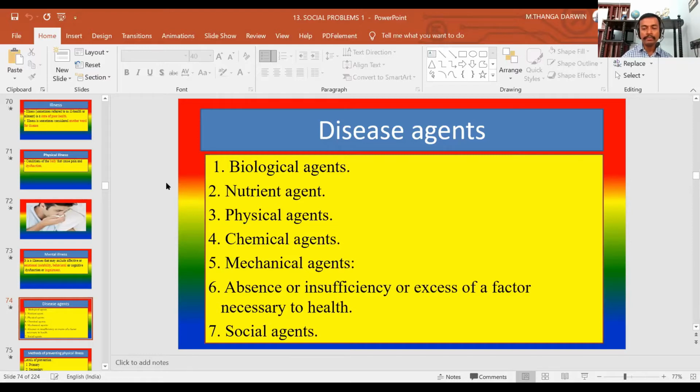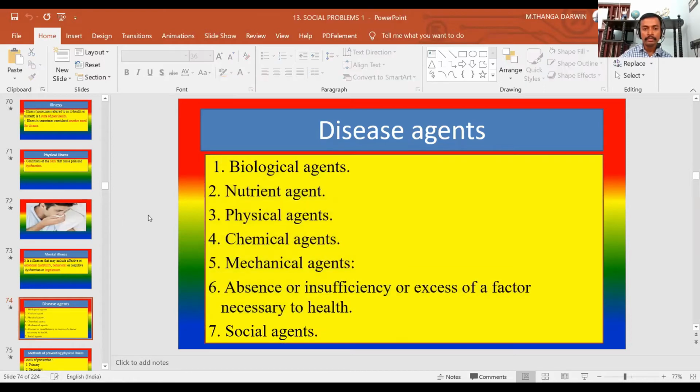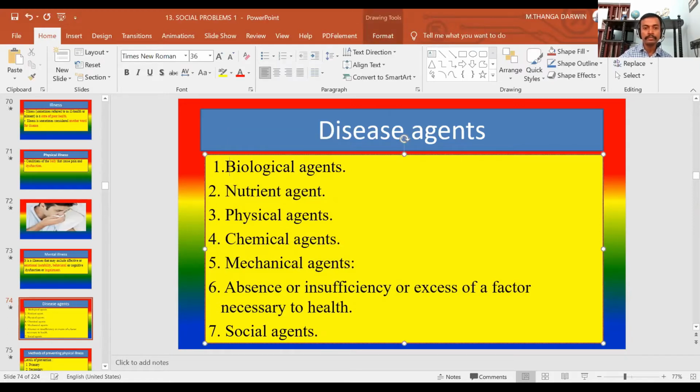The social agent is a fundamental agent to control all the agents. For example, the nutrient agent can only be overcome by families. So the social component or social agents can be used to control and overcome these diseases and control these agents as well.